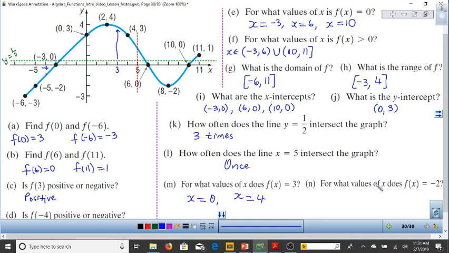And then for what values of x is f of x equal to -2? We see right here the y value is -2, and right here again the y value is -2. There's no other place. So those places are at x equals -5 and at x equals 8.